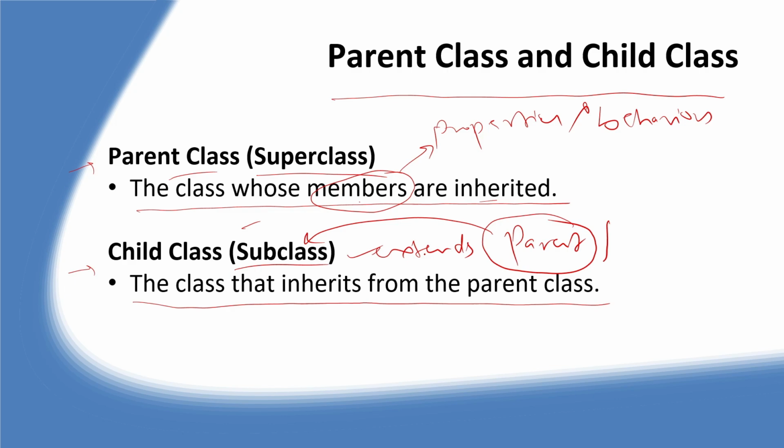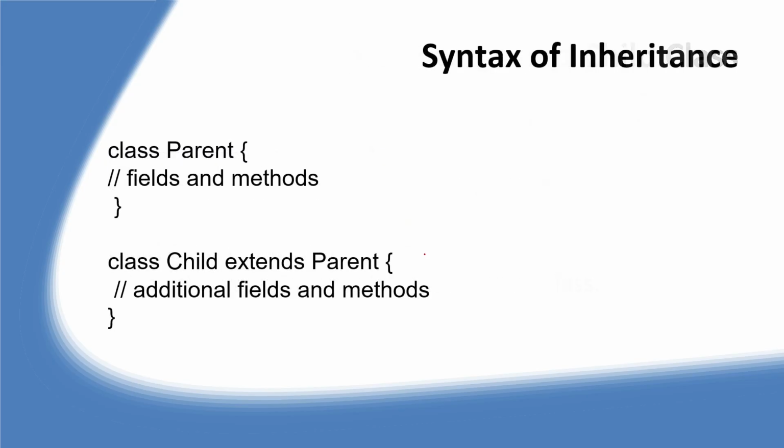Now we will see the syntax. What is the syntax of inheritance? How do we implement inheritance? Let's say we have one class, Parent. In the parent we have properties and behaviors. Behaviors means methods, properties means fields. Different words we are using, but the meanings are the same.